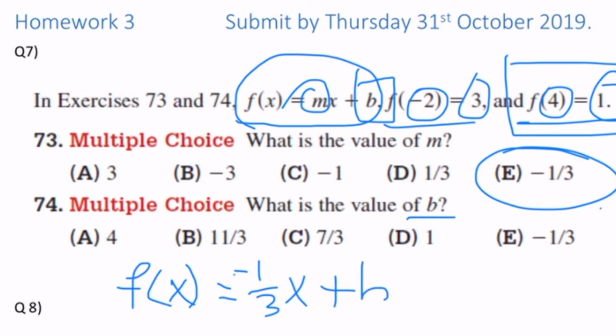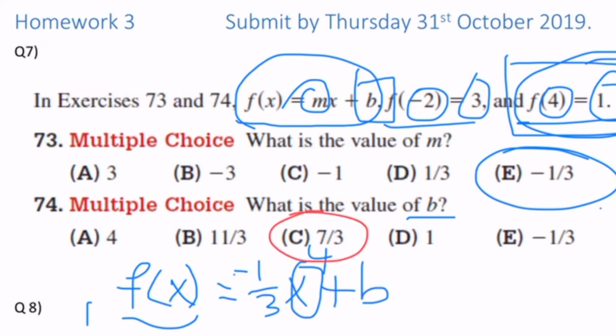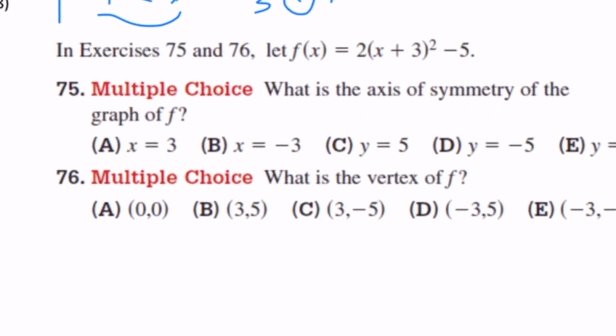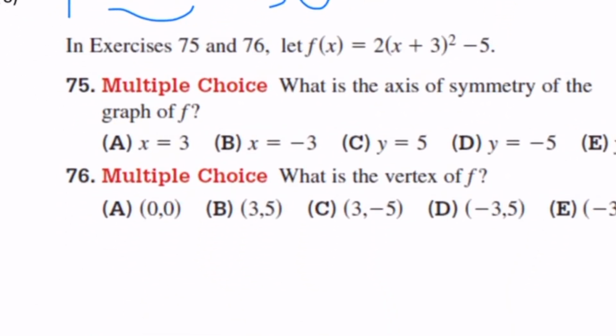So you substitute in this function with f of 4 equals 1, so you put here 1, and you put in x 4, and you solve for b to get your answer, 7 over 3. So the answer is what? C, 7 over 3. Now we go to the next exercise, question 8.